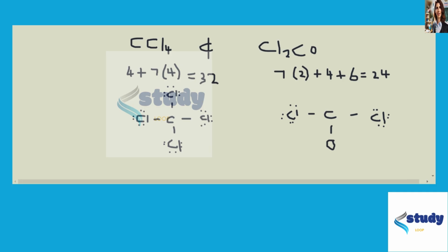Meaning to say we have 8 electrons remaining. And we put a double bond over there. So now that's 2, 4, 6, 8, 10, 12, 14, 16, 18, 20, and 24. And that is the Lewis structure for phosgene.